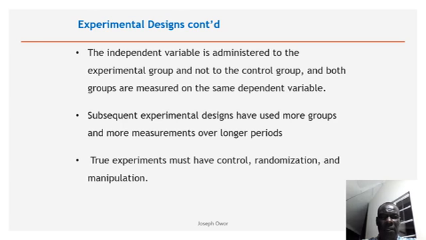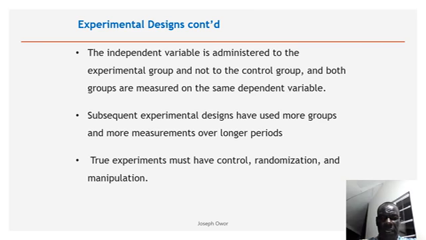Do they have a different effect as opposed to the other group that never received a treatment? If it is, then you'll know that A causes B. So that is an experimental design. There is the control group and the experimental group. So the subsequent experimental designs have used more groups and more measurements over longer periods.